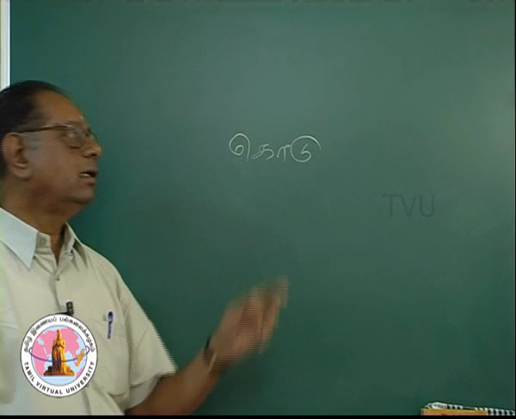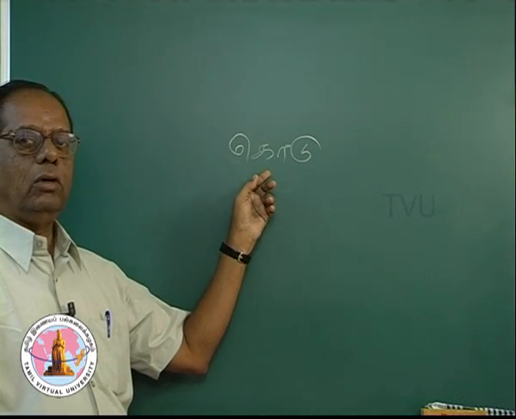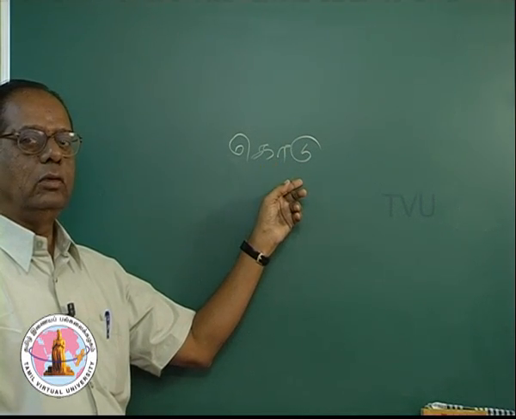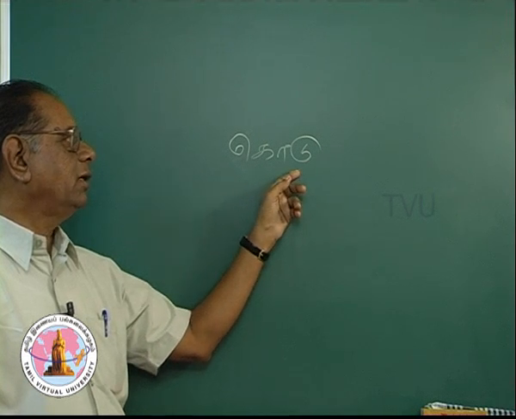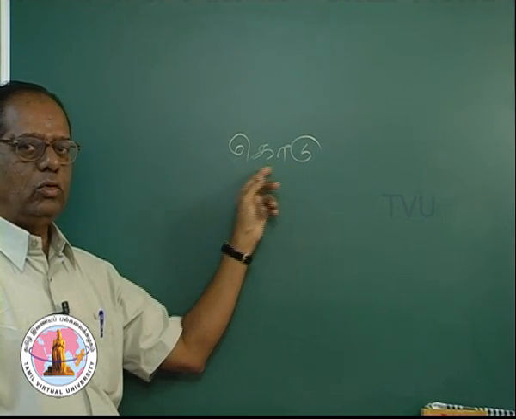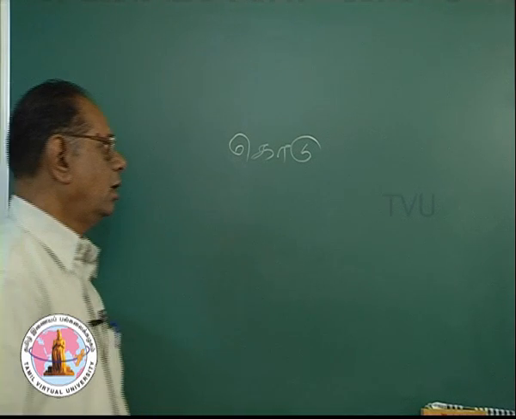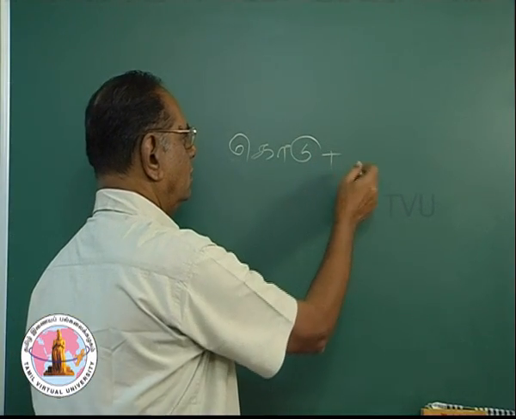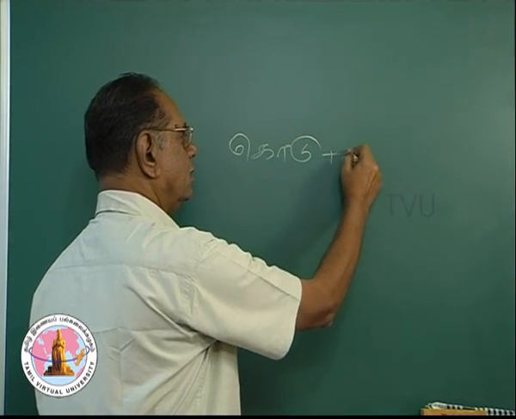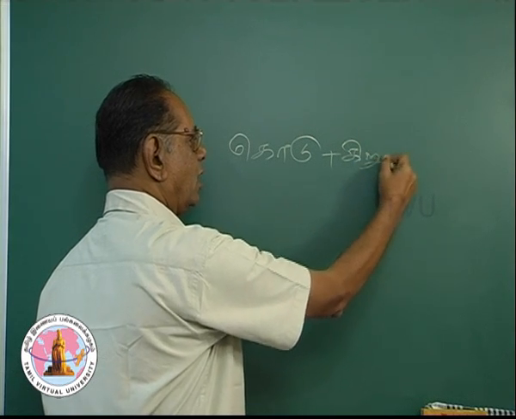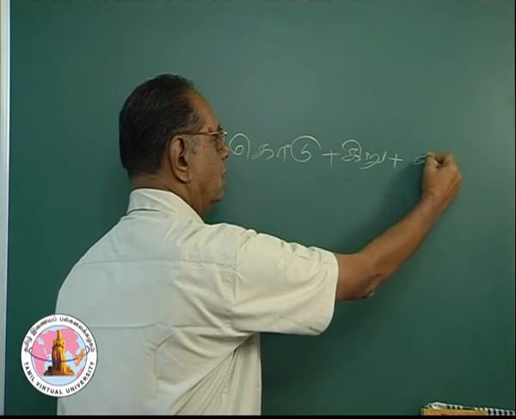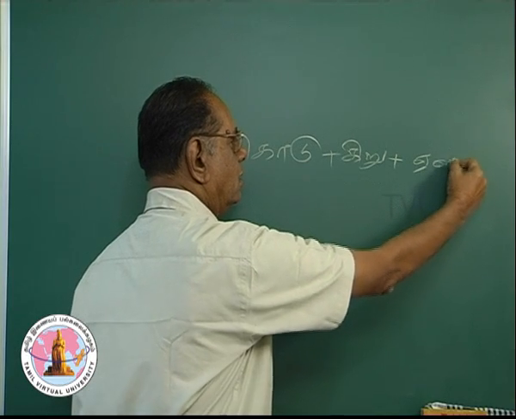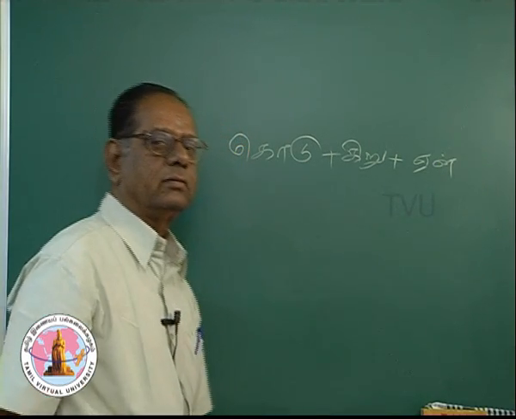You remember this word? Ko plus du. In combination it becomes kodu, and this is conjugated with the present tense marker and personal suffix.